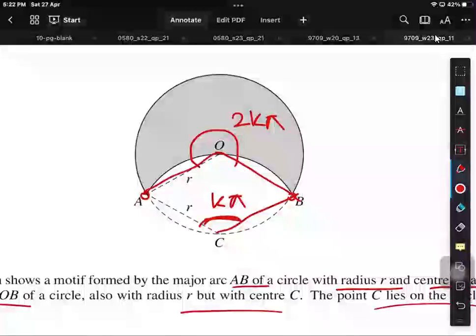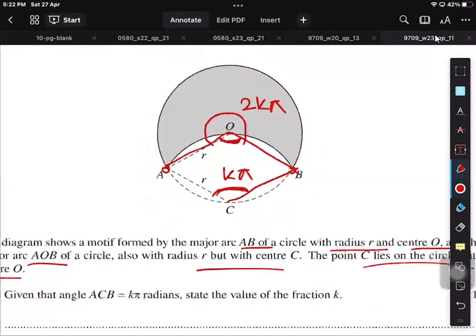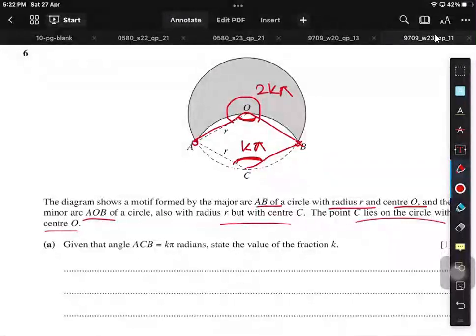So I can say that this angle would be like the angle of the whole revolution, which is 2 pi or 360. So I can say 2 pi minus this 2k pi should give me k pi, right? Because I know that this is k pi.